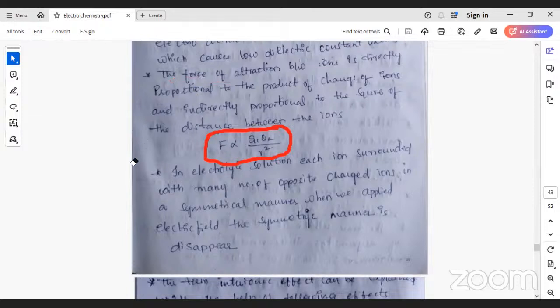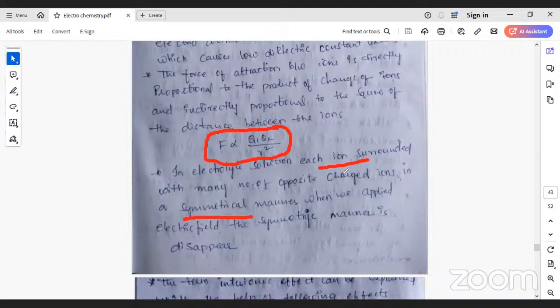One more assumption is that in electrolyte solutions, each ion is surrounded by many opposite charged ions in a symmetrical manner. That means a cation is surrounded by many negative ions, and a negative ion is surrounded by many positive ions.